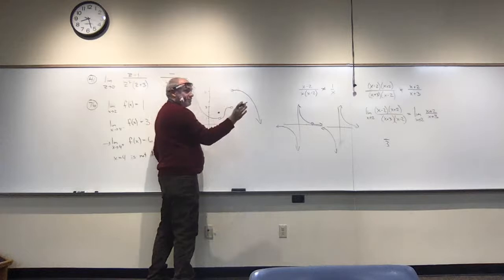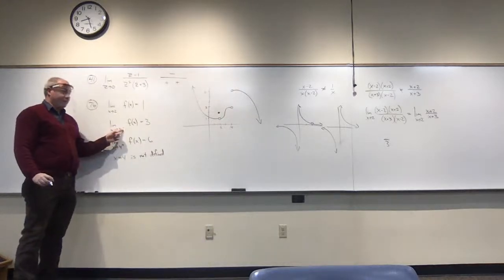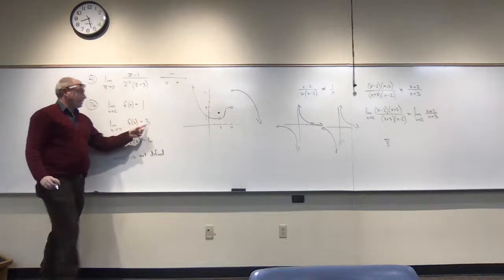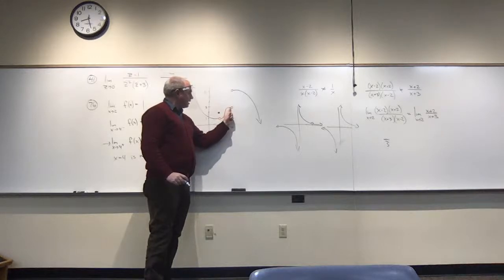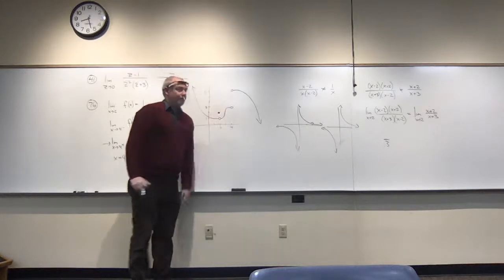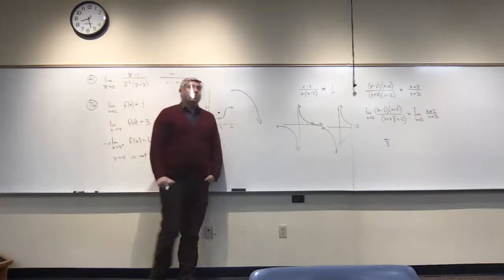Does that make sense? Yeah. Same thing here. As I get close to 4 from the negative side, it looks like it's going to hit 3. Right. Does that make sense? Yes. Okay. Other questions?